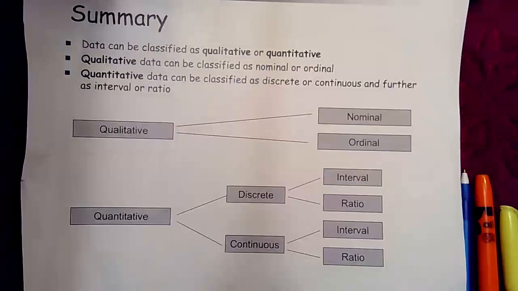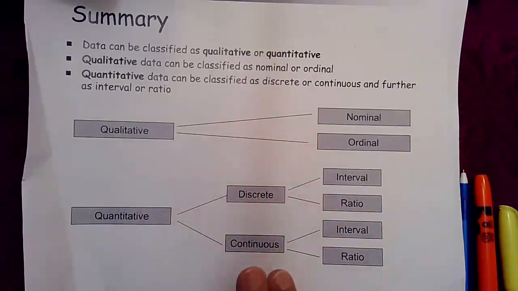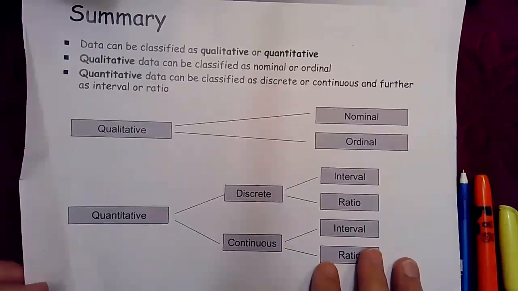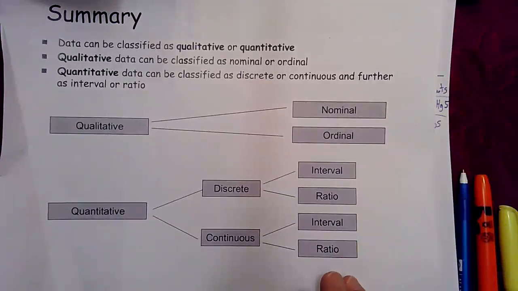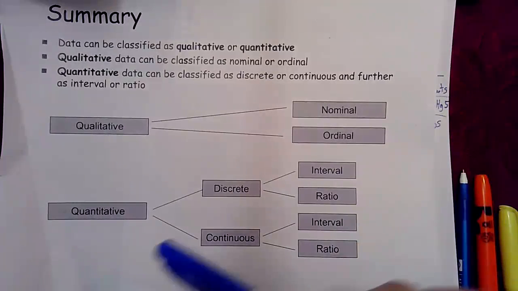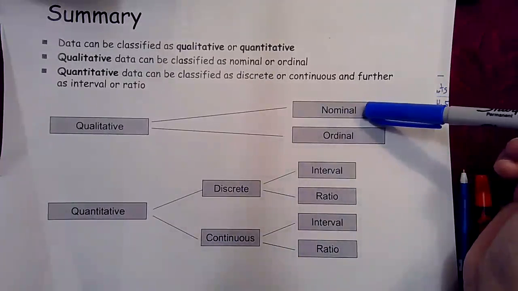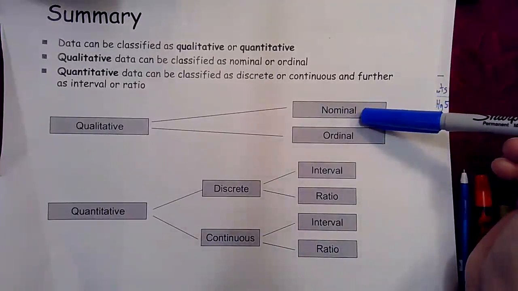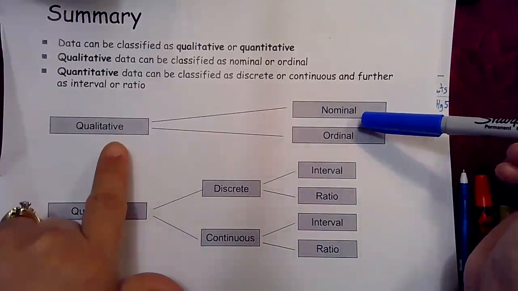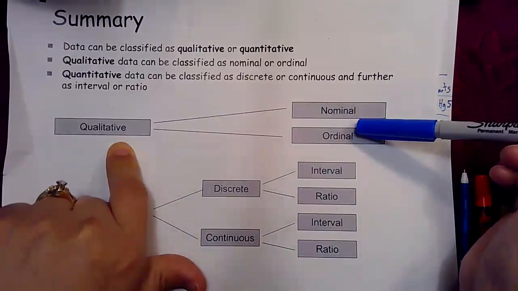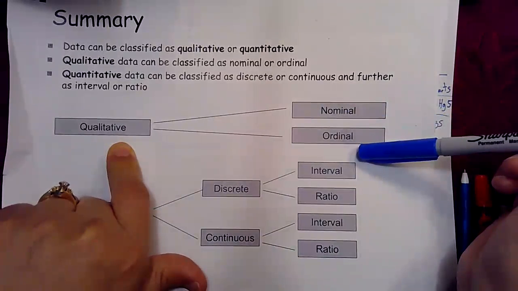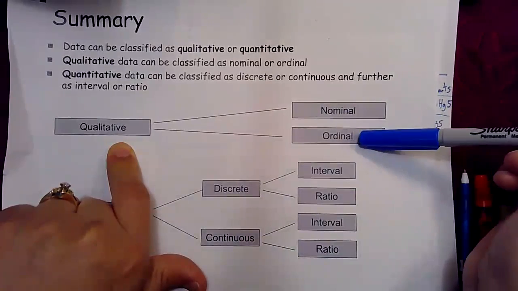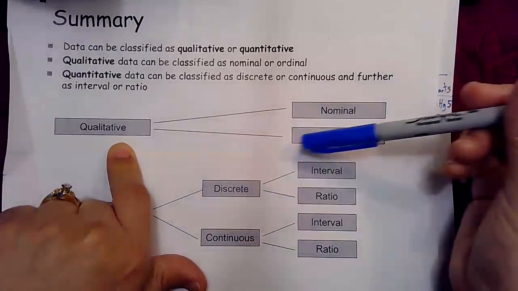What's really cool about this flowchart is that it continues and involves the 4 levels of measurement, which is NOIR. This is helpful because, notice, nominal is always just qualitative. Ordinal also is just qualitative.